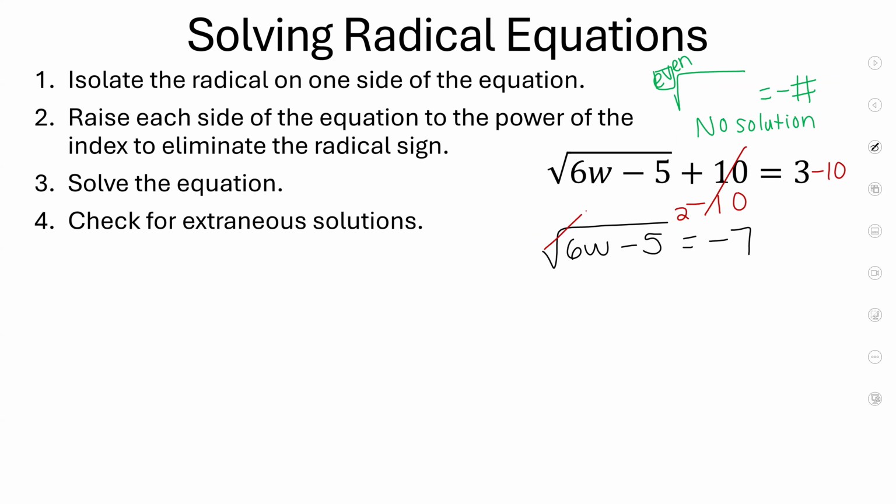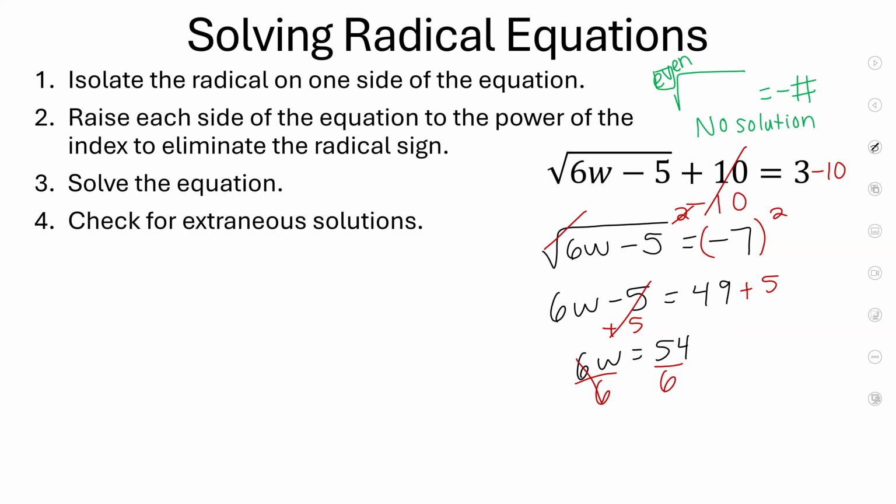Okay, now I'm going to solve. So I'm going to add 5. I get 6w is equal to 54. Now I'm going to divide both sides by 6. I get w equals 9. Now I'm going to check for extraneous solutions.